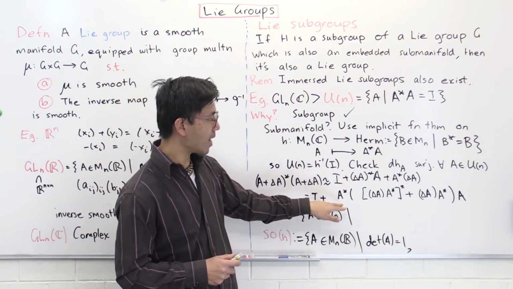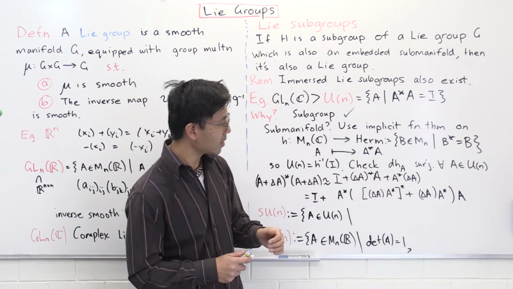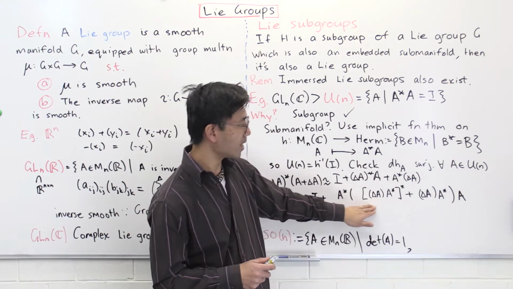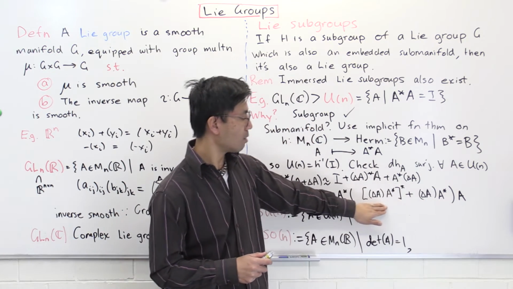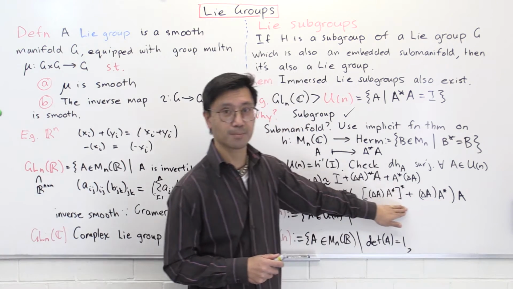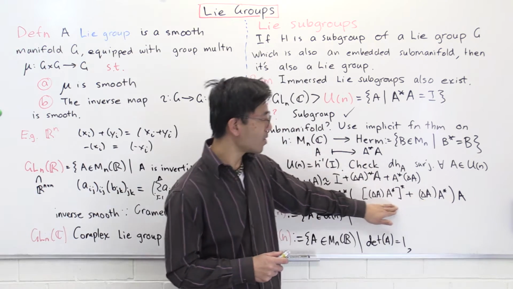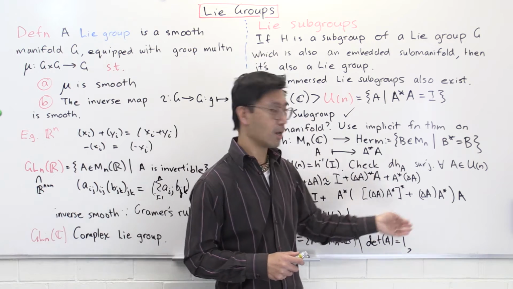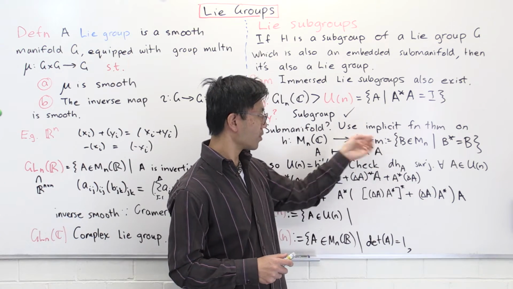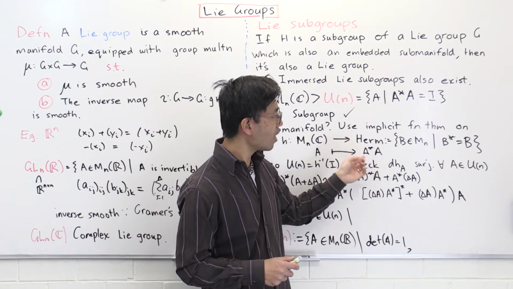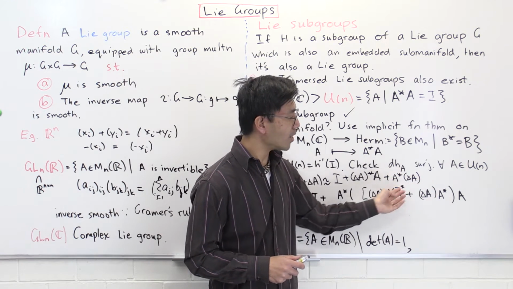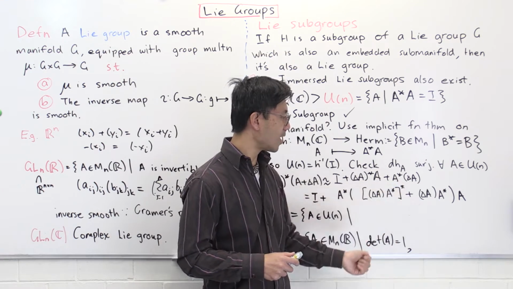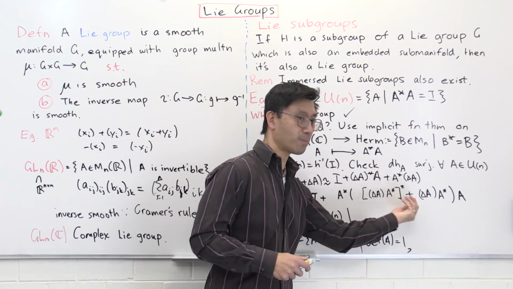Now this A star and this A are invertible, so at the end of the day, what you need to do is show that you can get any Hermitian matrix inside here. Now this is Hermitian because it's a matrix plus its adjoint. If you take the adjoint of this, the adjoint will remove that star, and then you get the adjoint of this, so it swaps these two summands.